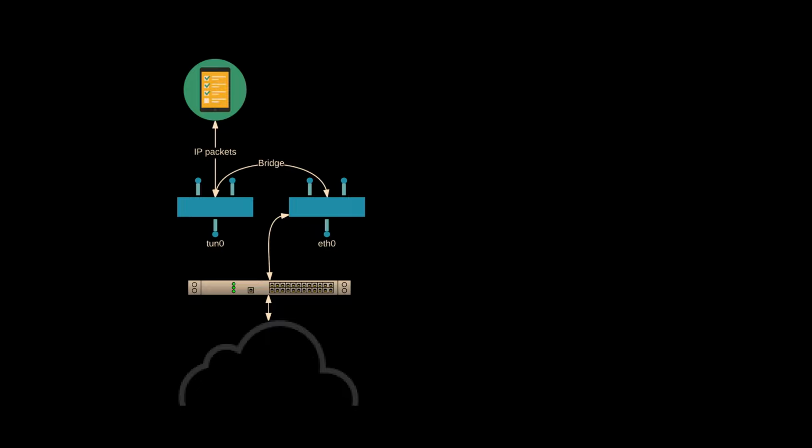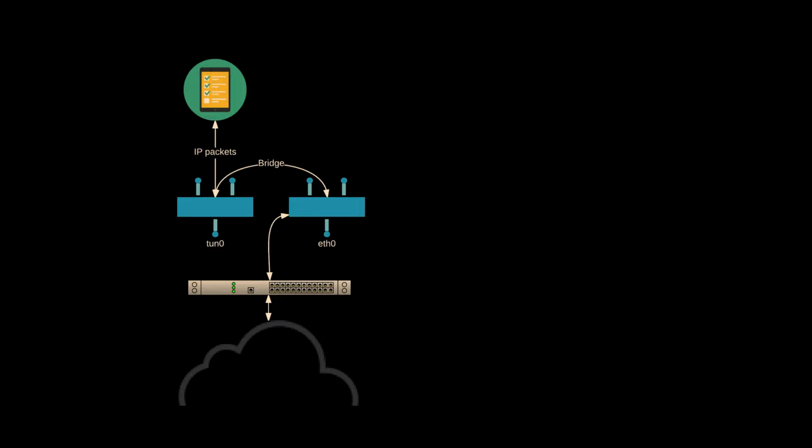We have an application that communicates using IP packets with the TUN device, which is named tun0. And this tun0 creates a bridge with the physical device, which is named eth0. And eth0 sends the actual packets to the physical network.